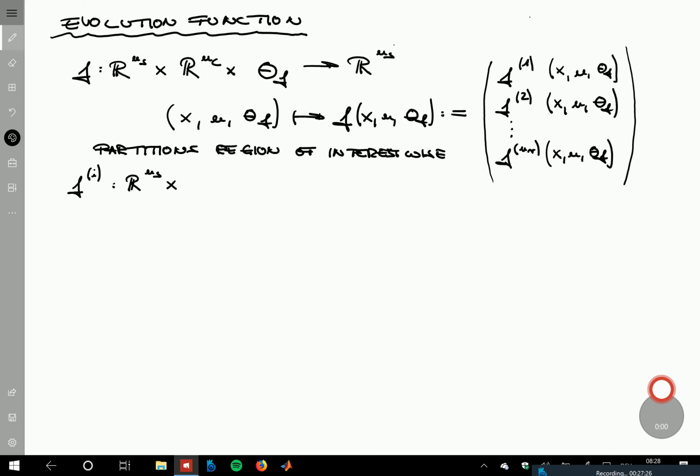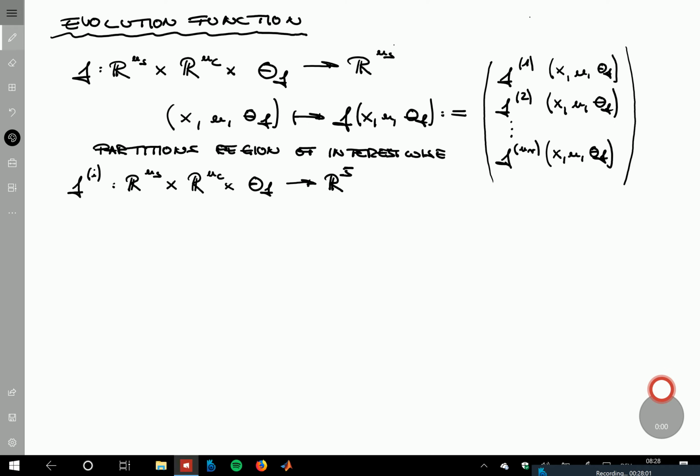So there are these functions Fi, and they take in the entire state vector, the entire input vector, the parameters, and what they return is a 5-dimensional thing. And this 5-dimensional thing is the state vector for each region.